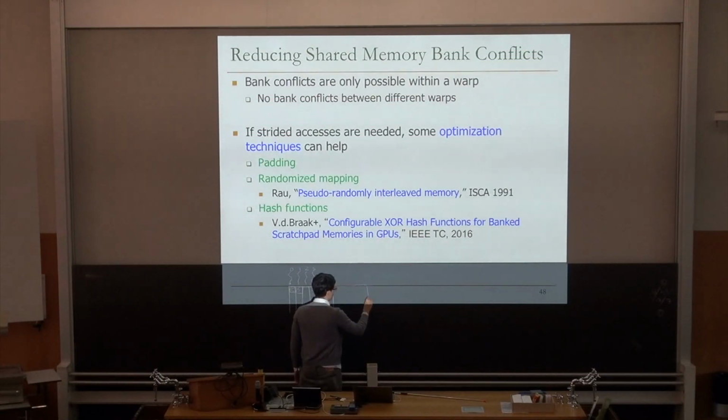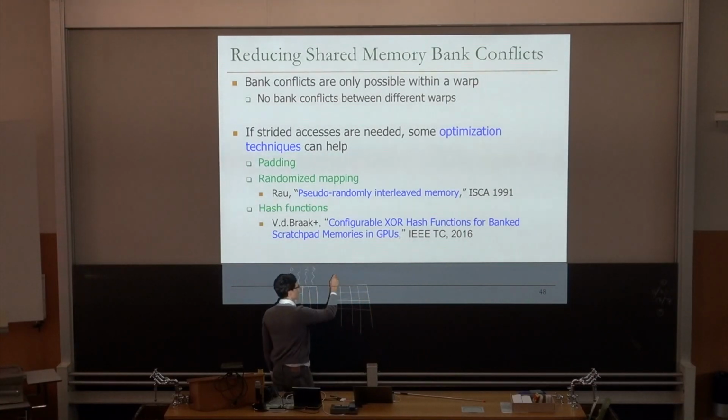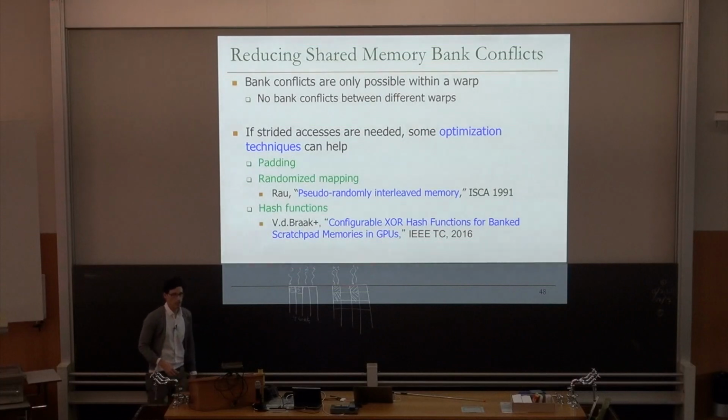But what if what we have is something like this? For some reason, thread 0 will read here, thread 1 will read this element, and then thread 2 reading this element, and thread 3 reading this element. We have a two-way bank conflict, right?